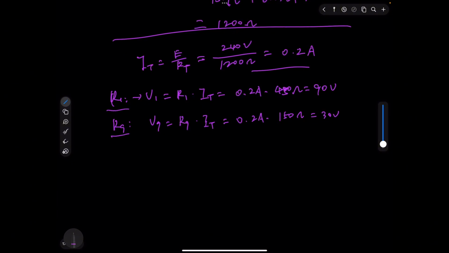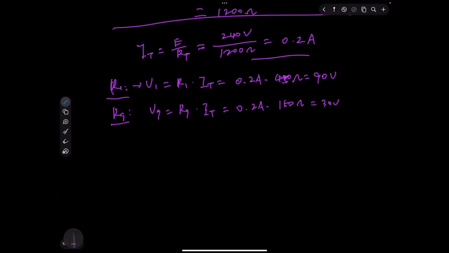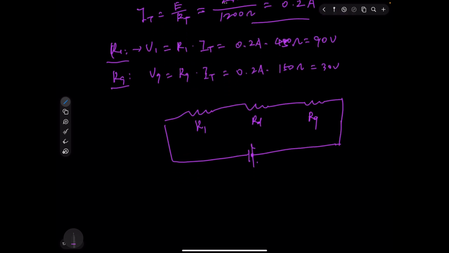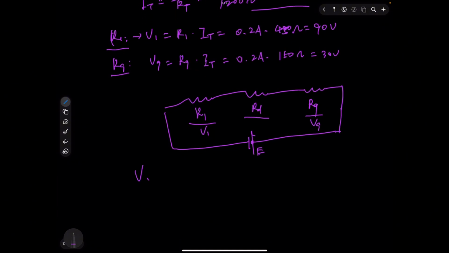After we get the voltage for R1 and R9, basically we have something like this right now. This is R1, this is RD, this is R9, and this is E. So we get the voltage drop for R1 and R9, then we can get the voltage for VD. Let's name it VD equals E minus V1 minus V9 equals 240 volts minus 90 volts minus 30 volts, which is 120 volts.